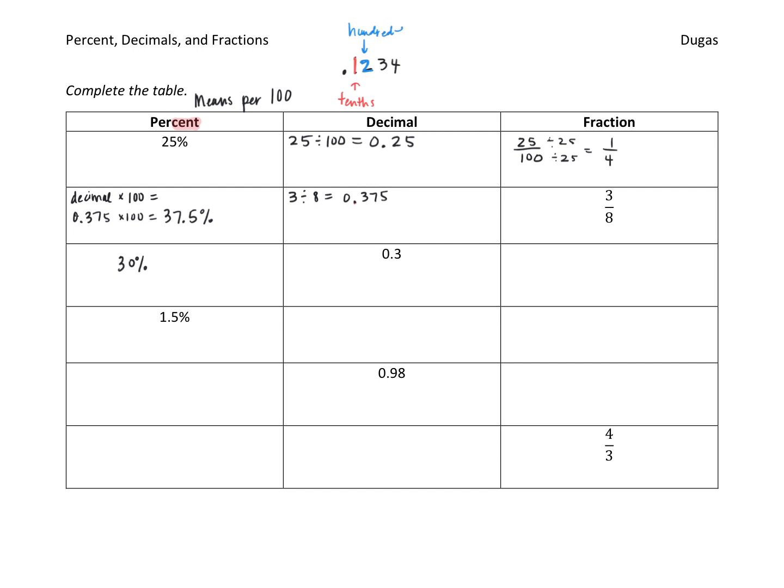And so if you wanted to change that to a fraction, you would just put it over 100. The 3 is in the thousandths place, and so forth. So since we have one digit after the decimal, it's in the tenths place. So to make that into a fraction, you would simply put it over 10. So 3 over 10 would be your fraction.